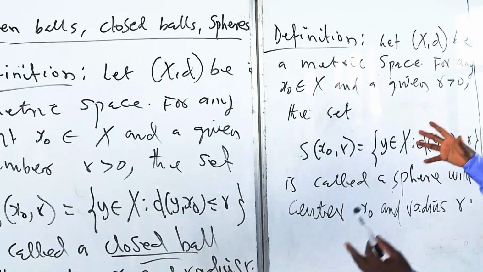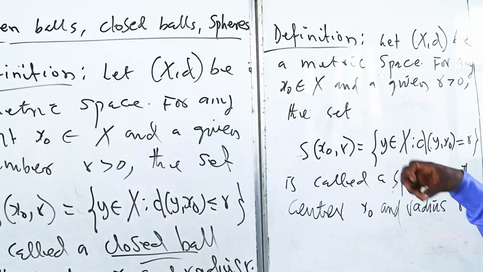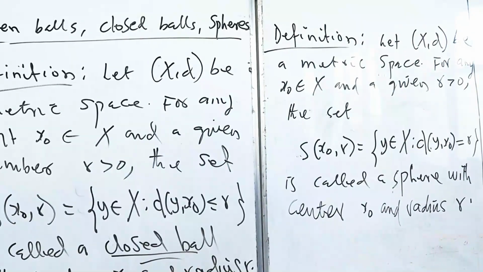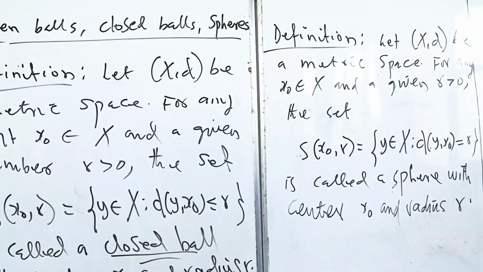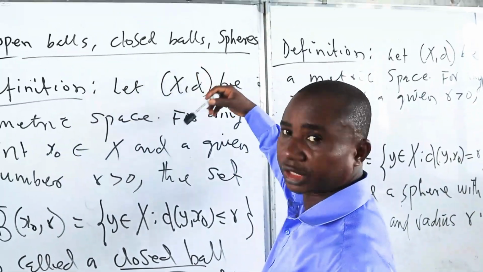So these are the three kinds of balls, if you like, that we have, and we have done the definitions to enable us to understand them deeper and better. Next we take examples: some examples of open balls, closed balls, and so on.